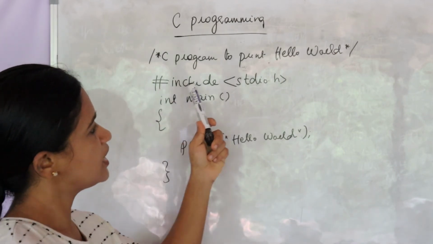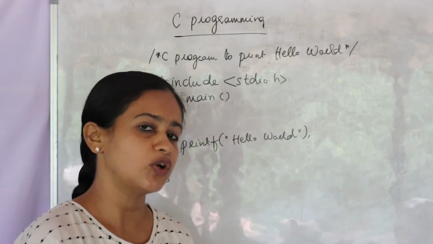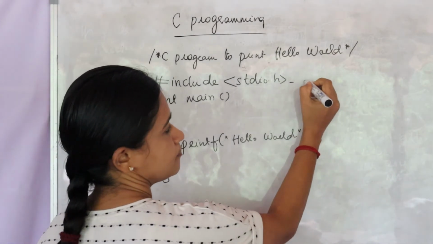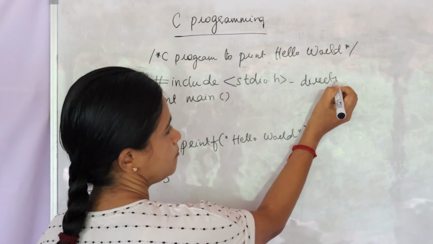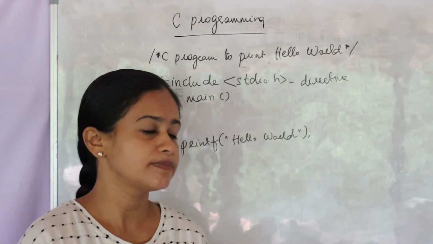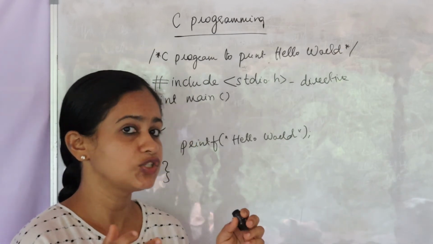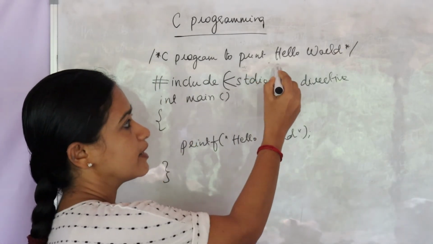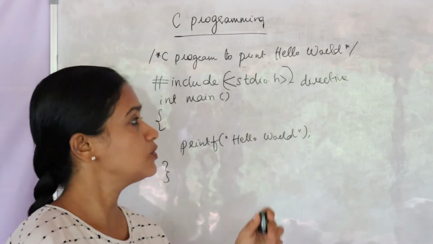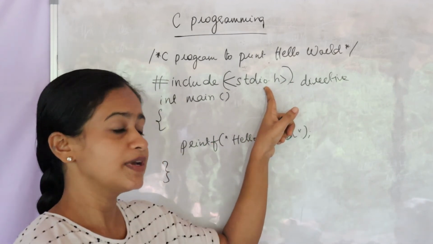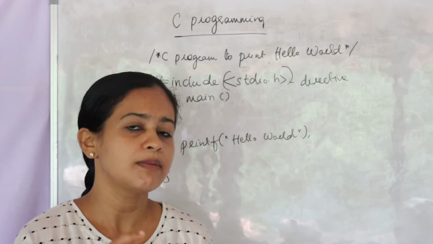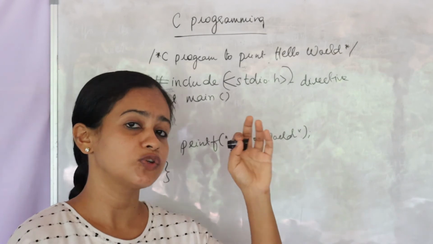Next, I have #include <stdio.h>. This is called an include directive. When I say #include, I am telling the compiler to include this file. Here I have stdio.h, so I am telling the compiler, please include stdio.h.